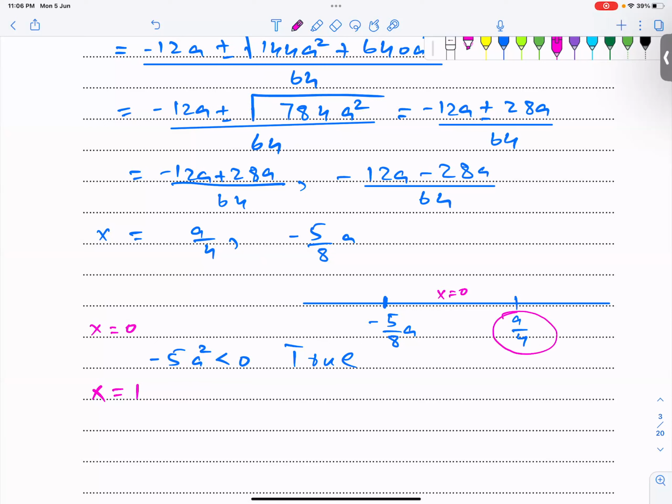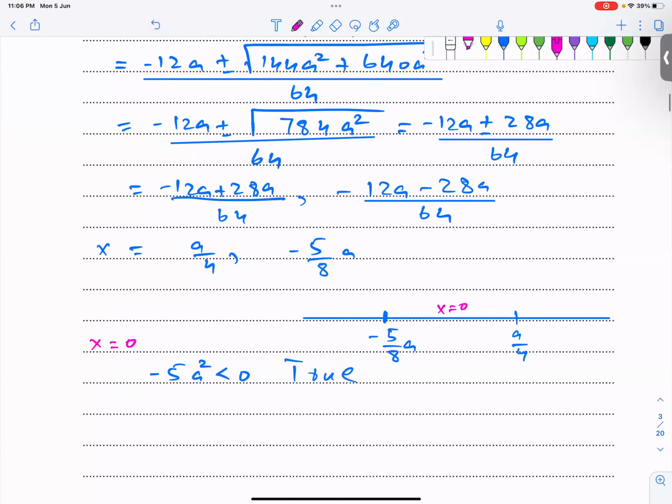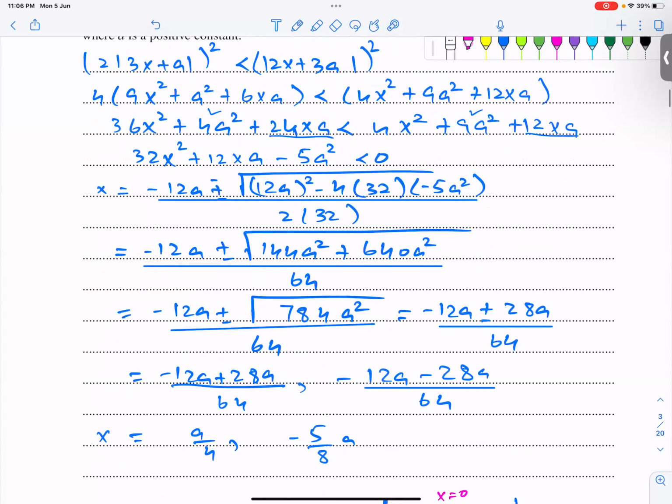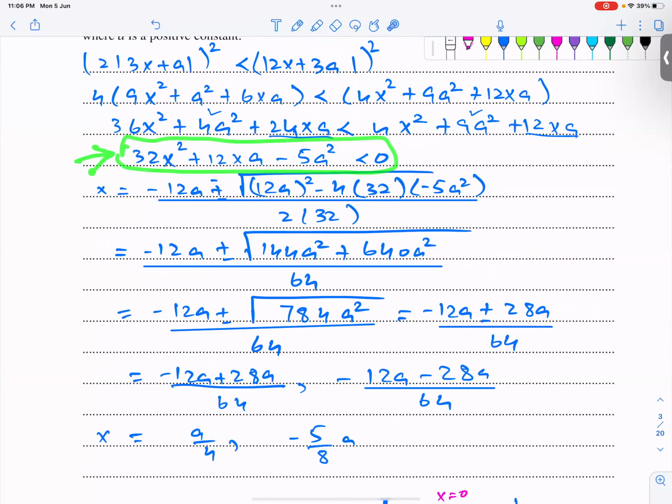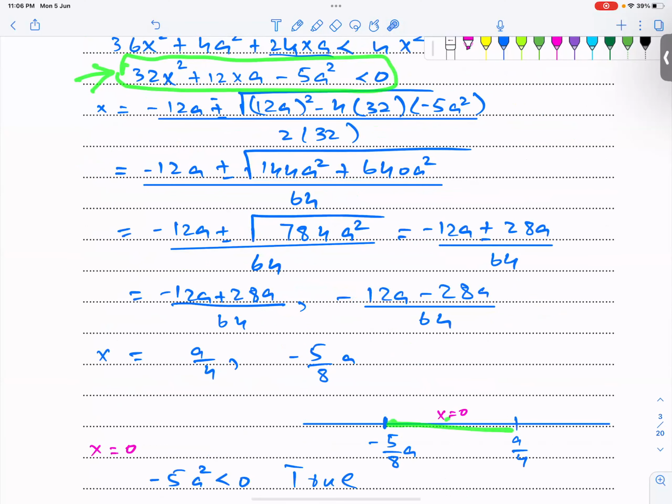The easiest way to do this: whenever you are going to solve a quadratic inequality like we did, just check the middle interval, the mid part. If it's true, then the end parts will be false.